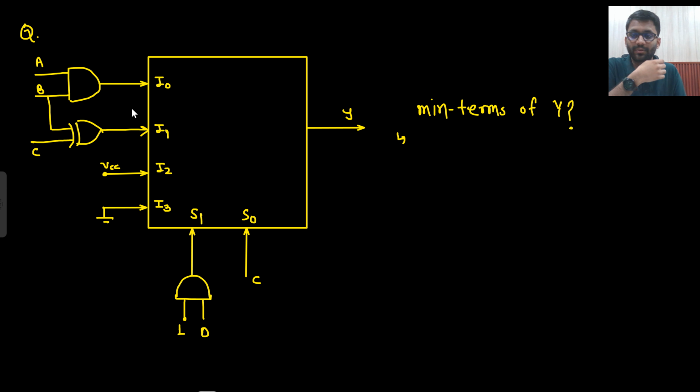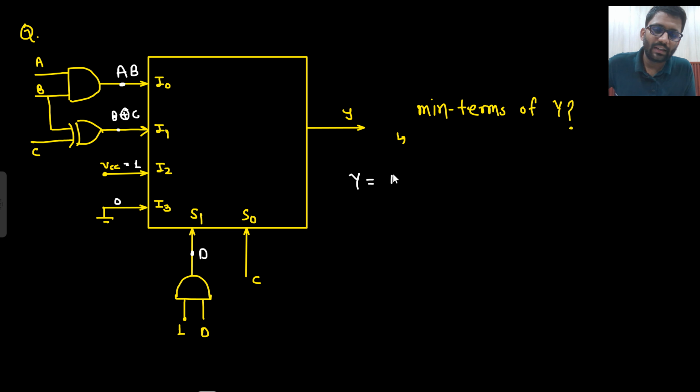So write down the minimized expression of this. This would be AB. This would be B XOR C. VCC means 1. Okay. And this is ground. This would be D only. Right. Minterms of Y you need to find. So it would be a lengthy problem, but it would be easy only. If D and C are not there, then AB would come.